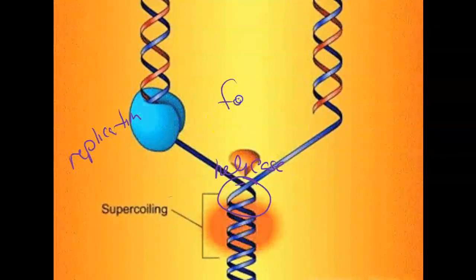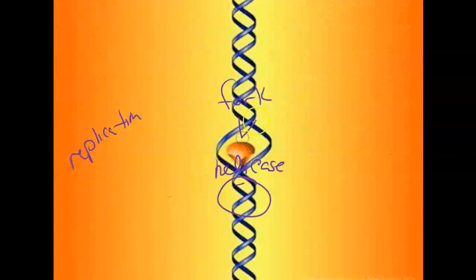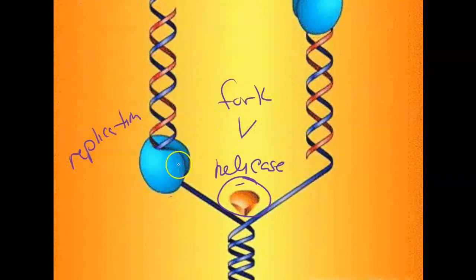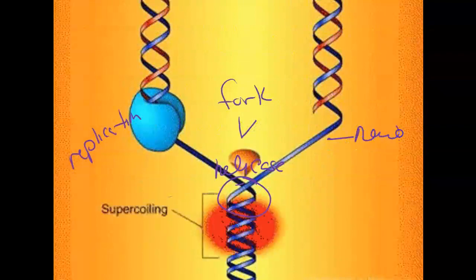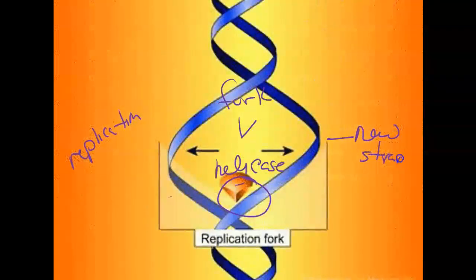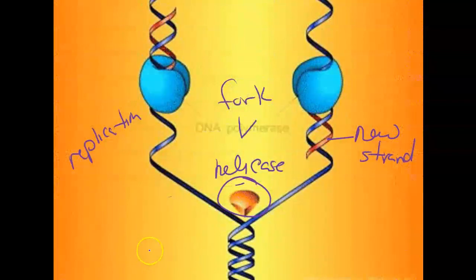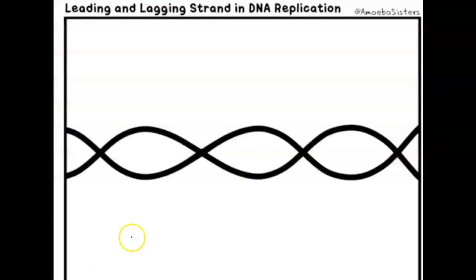The fork is where things divide, right? The two polymerases you can see are building the new DNA. So this red new DNA here is the new strand. So those are the two enzymes that you need to focus on.